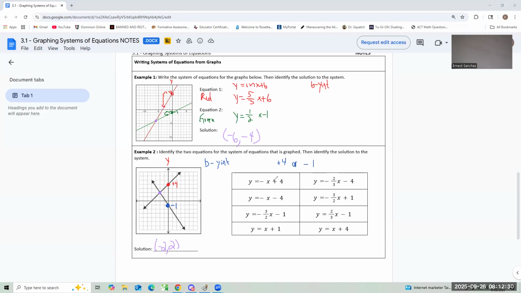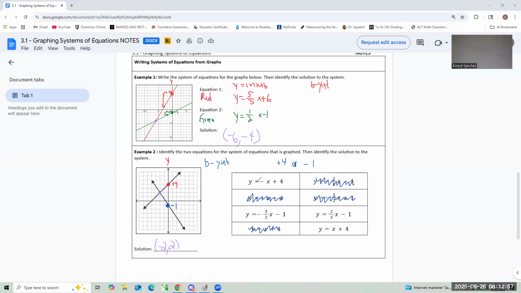So this is +4, this is good. This is -4, that's wrong. -1, okay. +1, that's wrong. -4, that's wrong, should be +4. +1, that's wrong, should be -1. So we got rid of half of the answers.